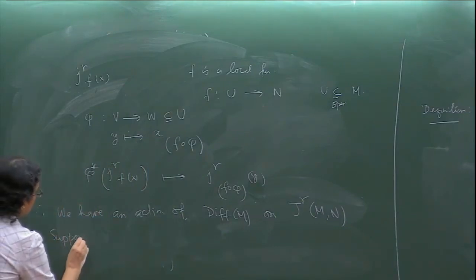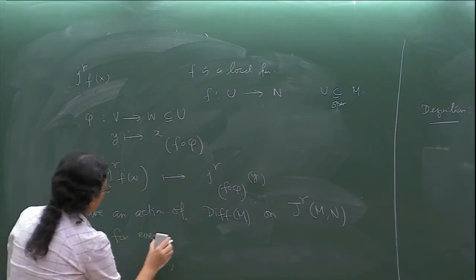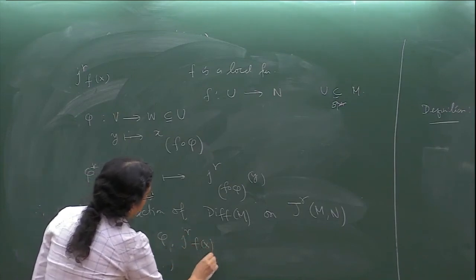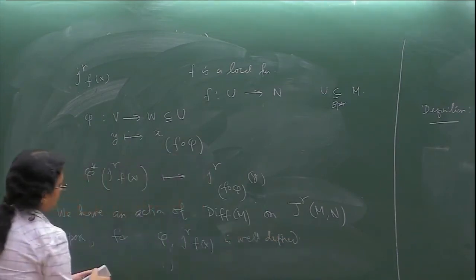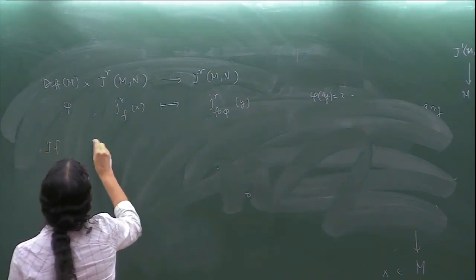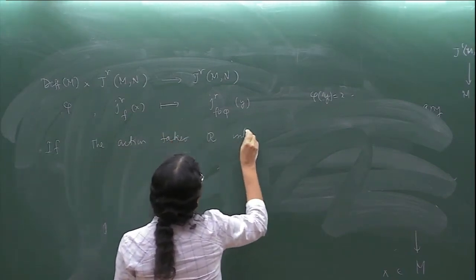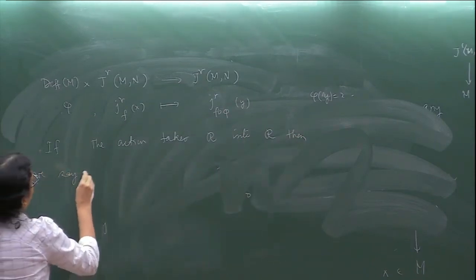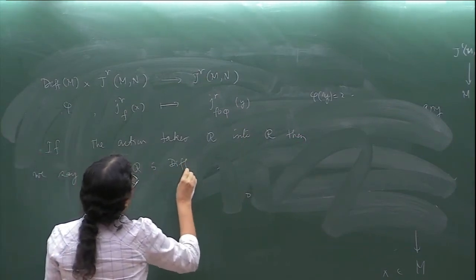Suppose phi dot j^r f at x is well defined. If the action takes R into R, then we say that R is diff invariant.